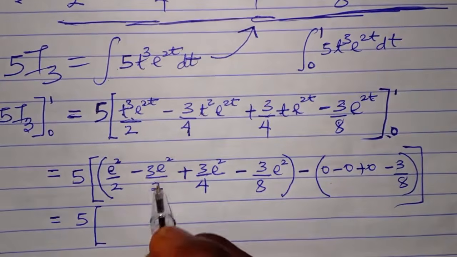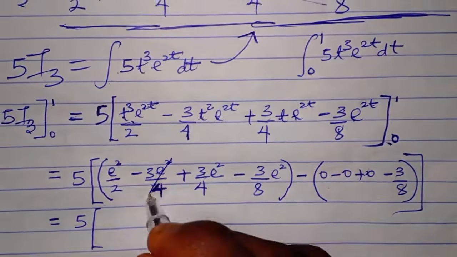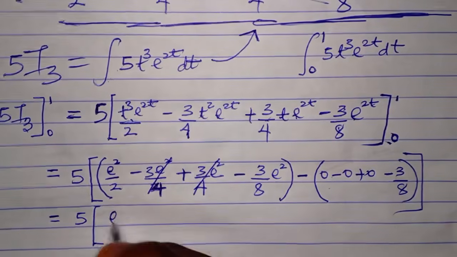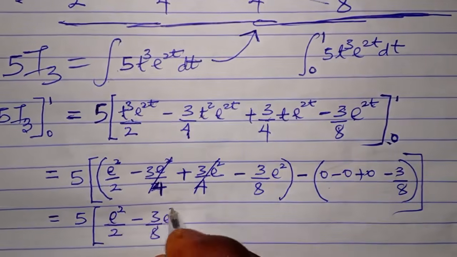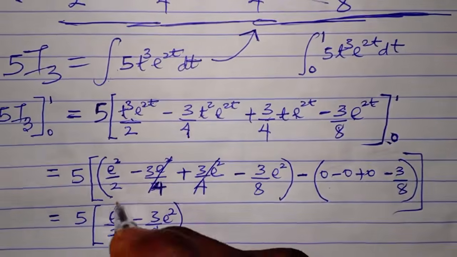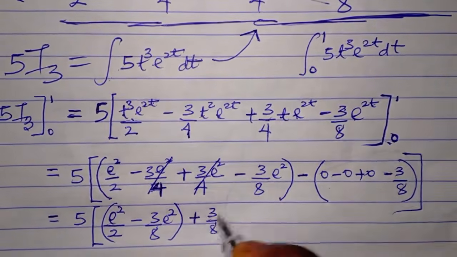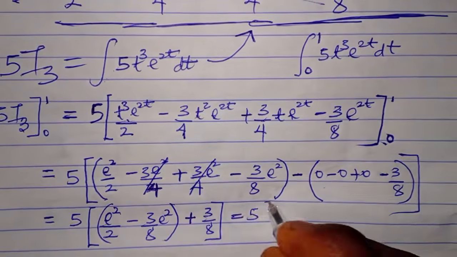This is not 2, this is 4 rather. This will cancel this. What's left? Minus, minus. Okay, let's leave that first. I want to bring out e squared from that expression.